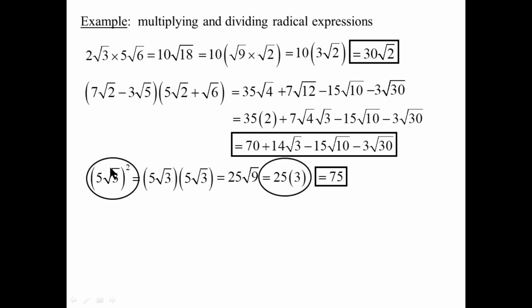There'll come a time soon, I hope, where you see root 3 squared as the number 3. Because every time we square a radical, we simply toss away the radical. So root 3 squared, root 3 times itself, is just the number 3. So a lot of people skip these two steps in between. They just say 25 times 3 when they see this.